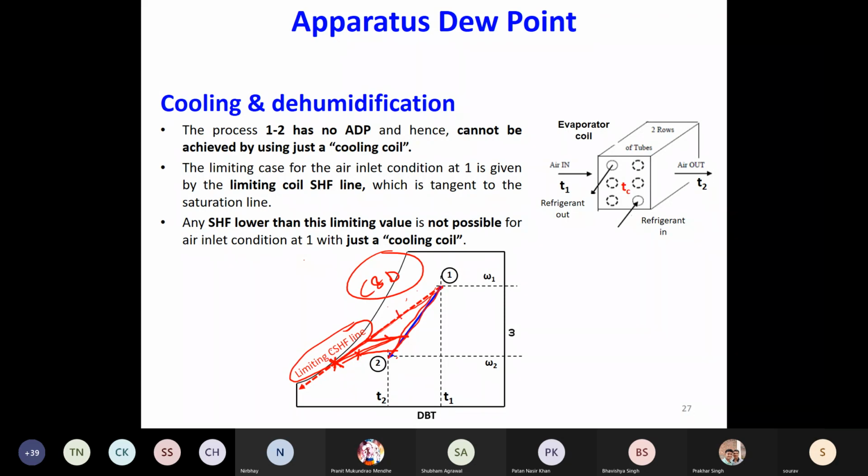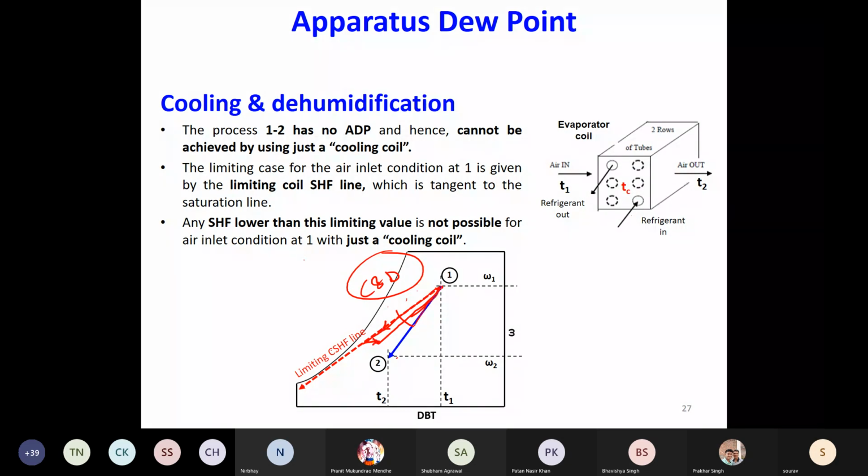So these two will determine how many processes you will require to attain your final condition. Let's say your blue line, instead of this, was probably somewhere here. Then you could have attained the same process by one cooling coil and one reheating coil, this and this.